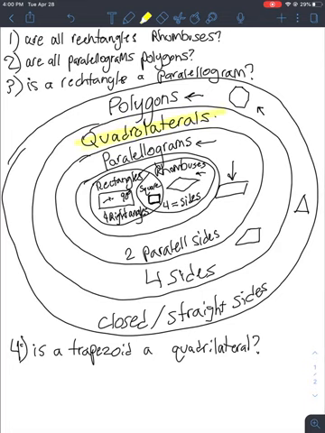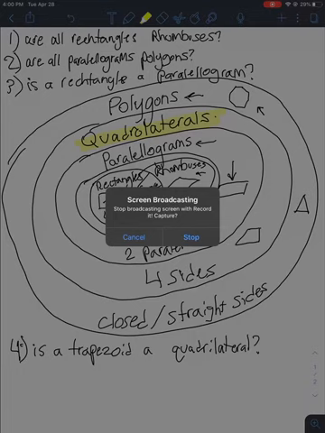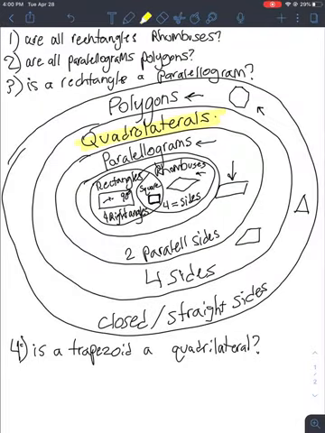So quadrilaterals are right here, and the trapezoid is right here. There we go. Found it. Okay, so is a trapezoid a quadrilateral? So it is actually in the quadrilateral circle. So yes, it is a closed shape with 4 straight sides. So yes, it is a quadrilateral.